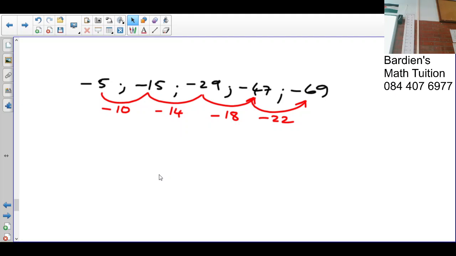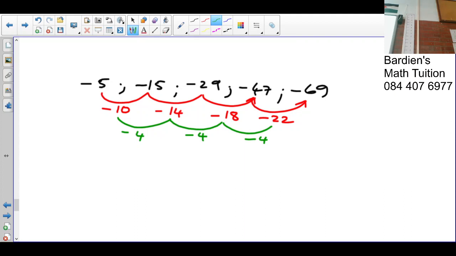However, we take it one step further. How do we move from one to the next? Minus 4. Then minus 4. Then, so what do we write on the side? 2a, yes? 2a, 3a plus b, a plus b plus c.